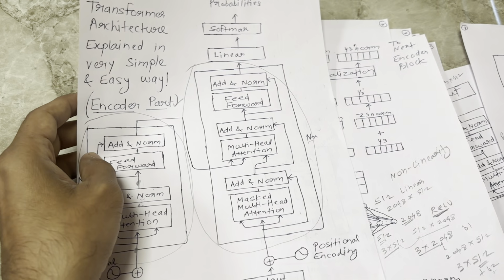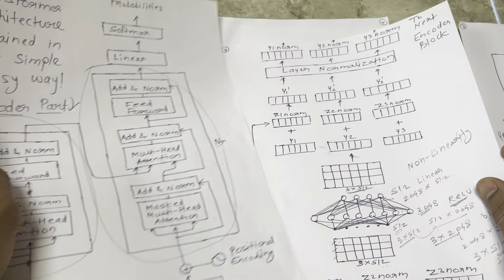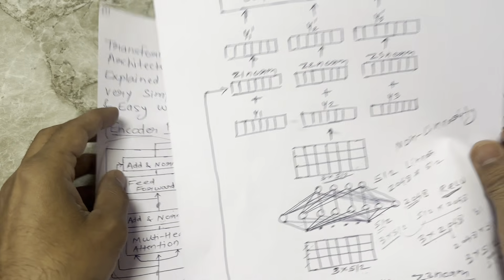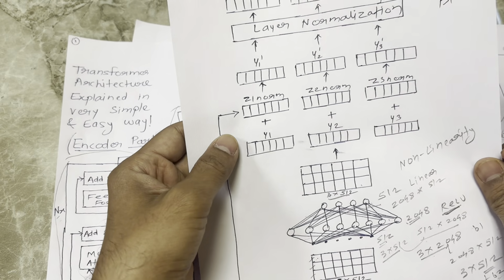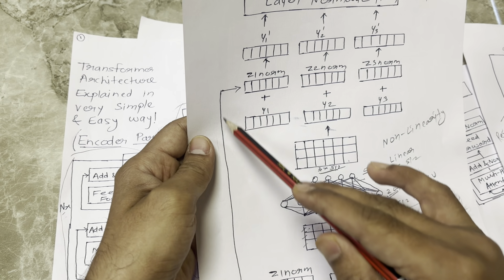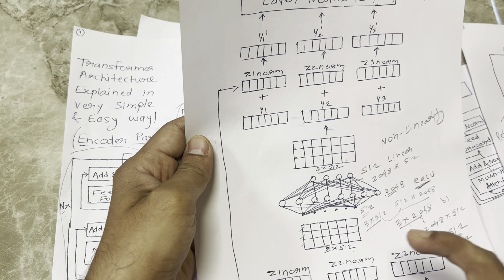And what was our input even? What was our input? As you can see, our input was Z1 norm, Z2 norm, Z3 norm. That's why you see this residual connection or skip connection.